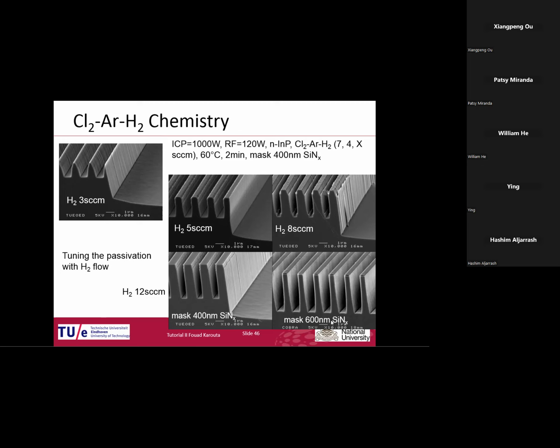Then we switched to 600 nanometer silicon nitride, and you see this is the same process, and you don't have this effect as you have it here. So you always have to adapt your technology depending on the etch depth you want. And this investigation was meant to try to get DBR type grating etch on chip.